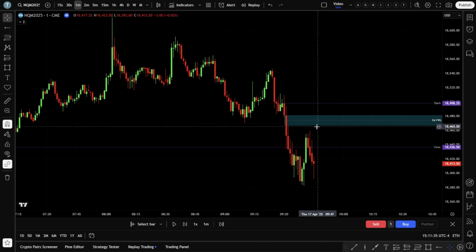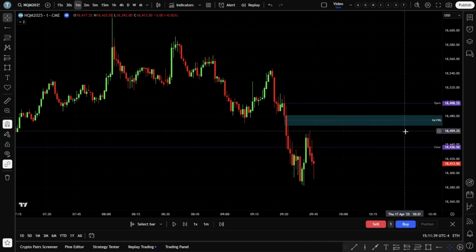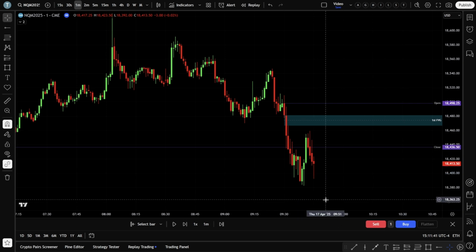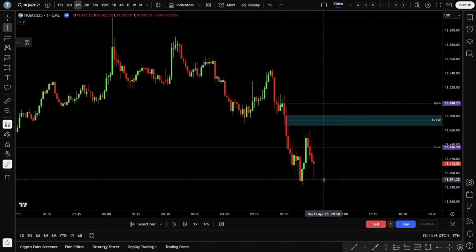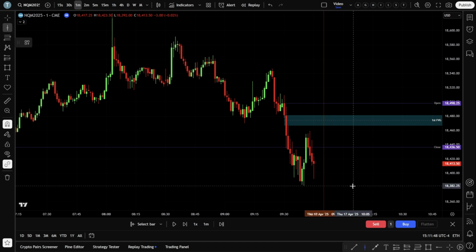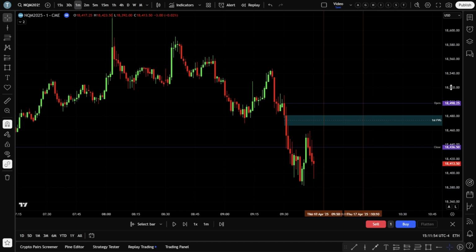So you see here we failed to get up into the first presented fair value gap and we left it open. But we still don't have a trade. The 10 o'clock macro starts at 9:50 and ends at 10:10. It's going to be one of the best times to be placing your trades.